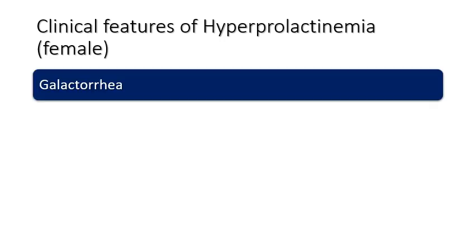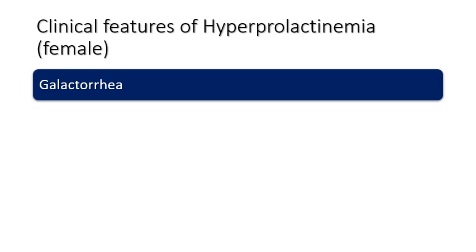Galactorrhea is actually defined as the inappropriate expression of milk. Lactation is the physiological expression of milk from the female breast, while galactorrhea is an inappropriate lactation in the absence of pregnancy or the postpartum state, due to non-physiological augmentation of prolactin release that stimulates the mammary gland to produce milk.